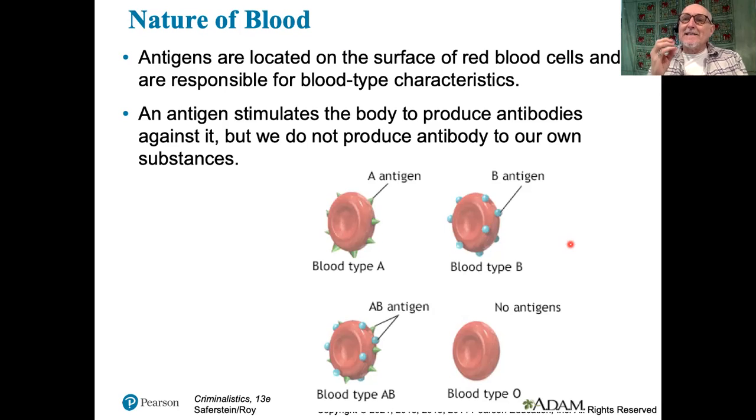Now, an antigen is any substance which can excite a reaction from the immune system. But there's a rule. Our cells are made up of proteins, all sorts of different molecules, which could excite an immune reaction. But of course, we can't excite an immune reaction against our own cells. So our immune system is trained to recognize our own substances and not react against them, but will react against foreign substances.